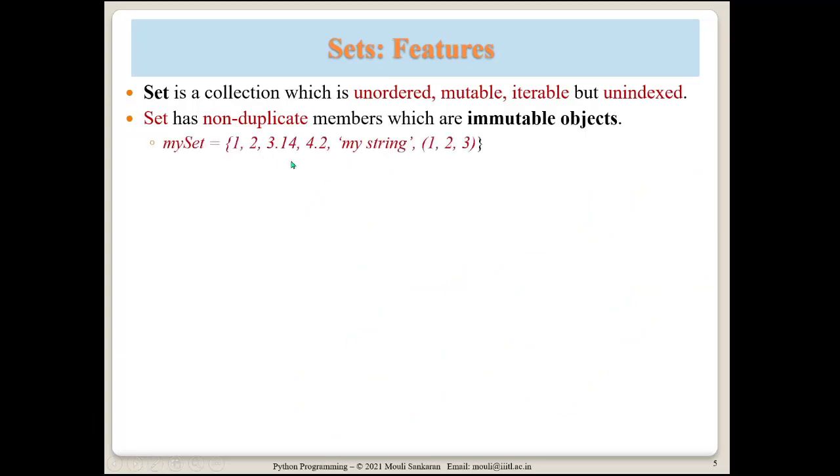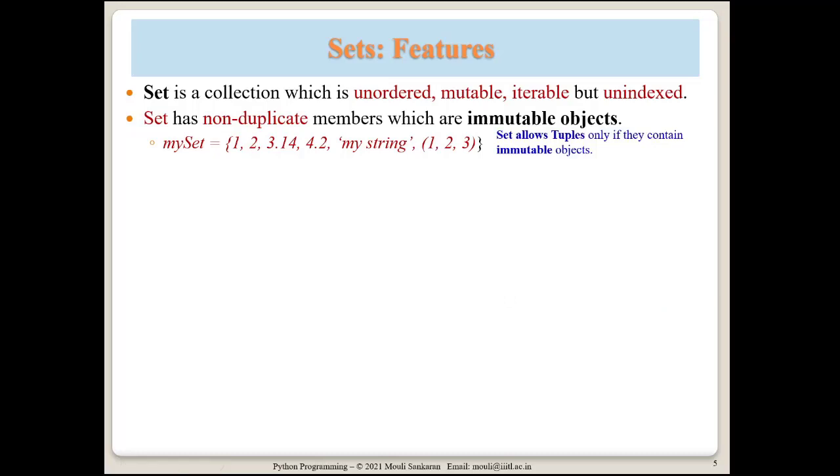Now, I may have a different object. As I said, it could be any kind of object, but if you see that they're all immutable: a tuple is immutable, my string, and any float or integer values are immutable objects. So they can be formed as a set. So set allows tuples.